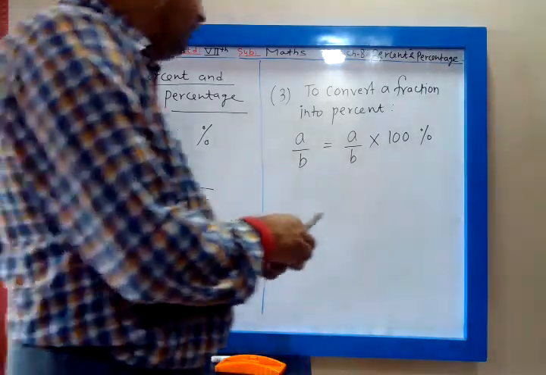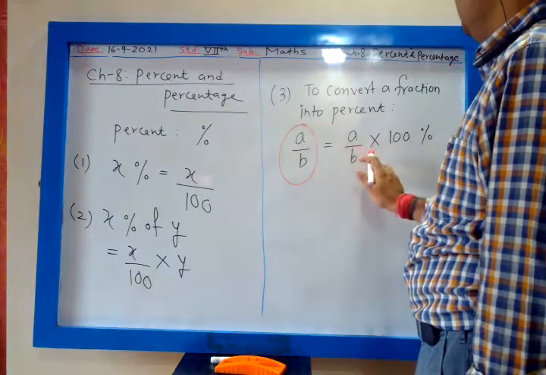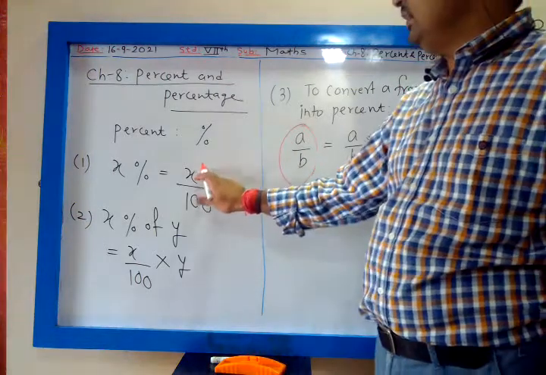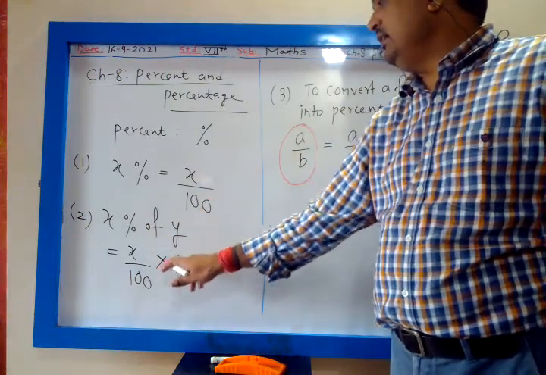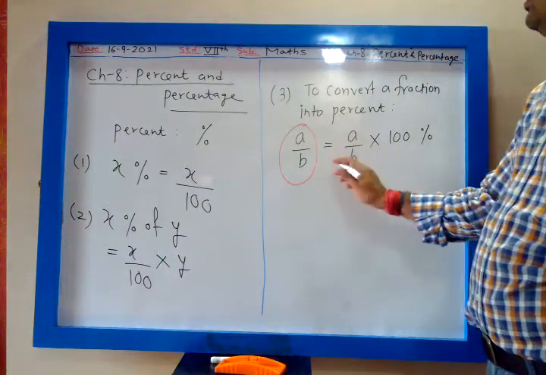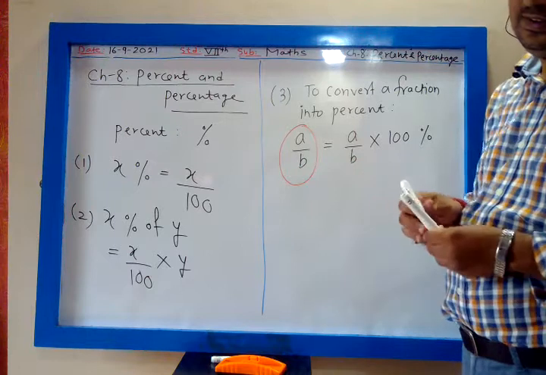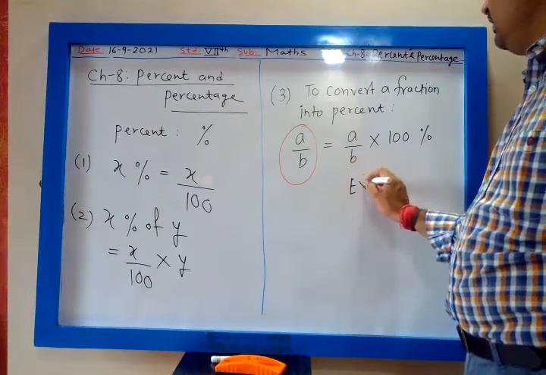So whenever you are given a fraction, then to convert a fraction into percentage, we multiply by 100. X percent means x upon 100. X percent of y means x upon 100 into y. Then to convert a fraction into percent, we multiply that fraction by 100. Let us solve exercise 8A.